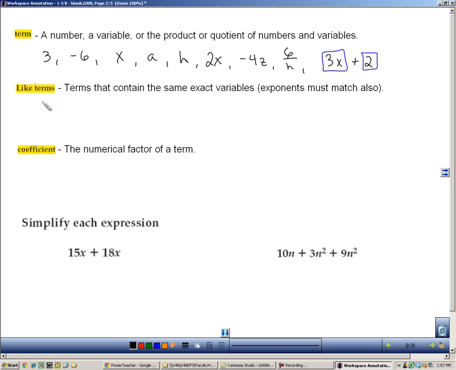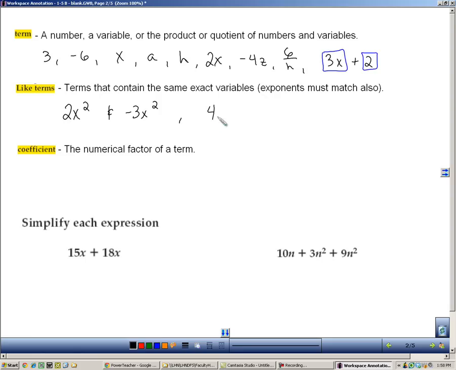Now, what makes a term a like term? Well, like terms are two terms that contain exactly the same variables, and the exponents have to match. So if I do something like 2x squared and negative 3x squared, those are like terms because their variables are the same, even the exponents. I don't care about the 2 and the negative 3 in this case. They're still alike.